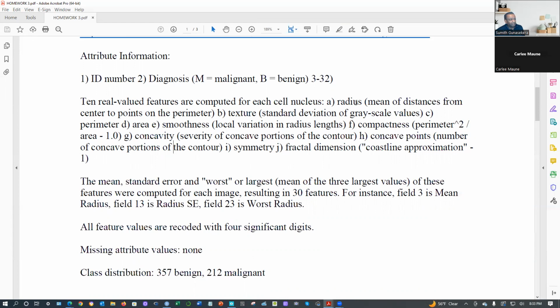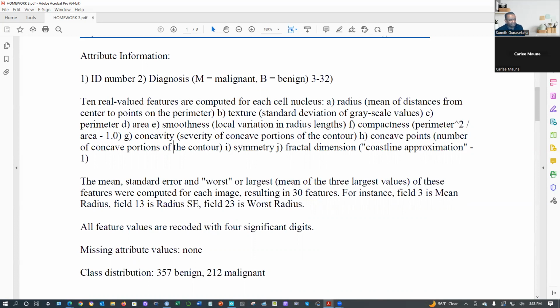The radius, texture, smoothness, compactness, concavity, concave points, and so on, repeated 3 times, because for each variable for each patient, the measurement has been done several times.